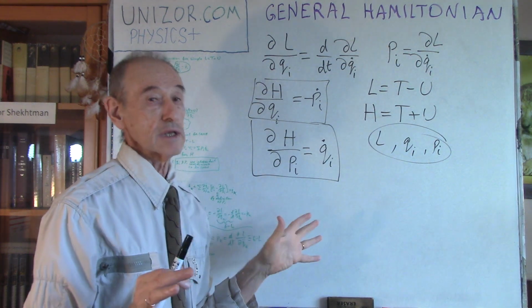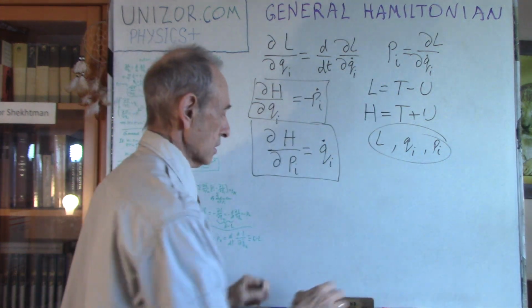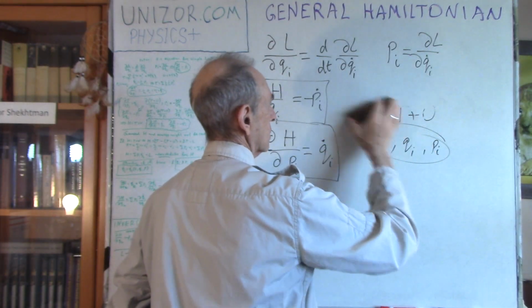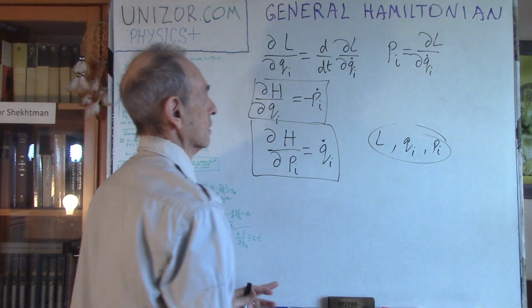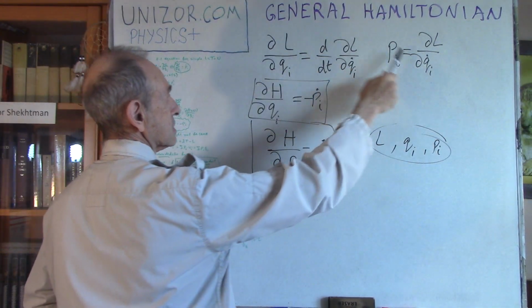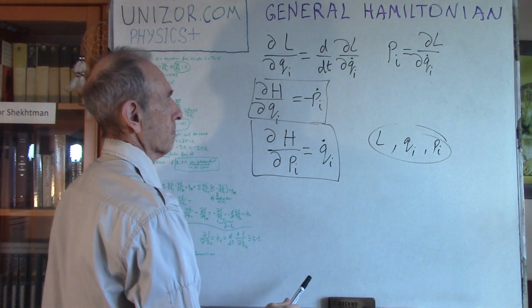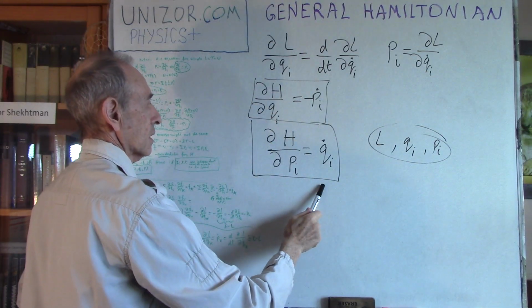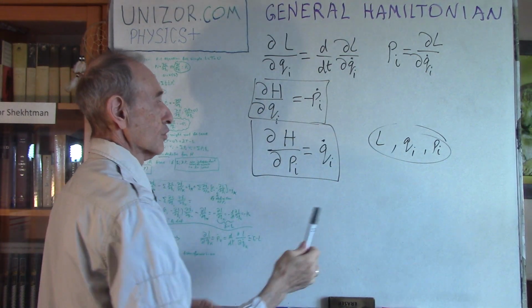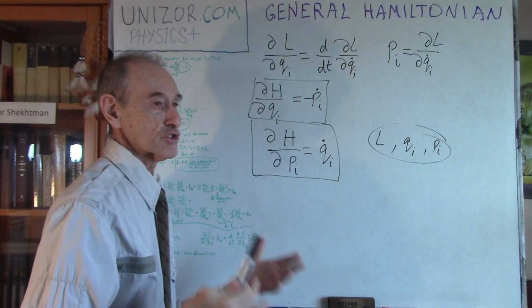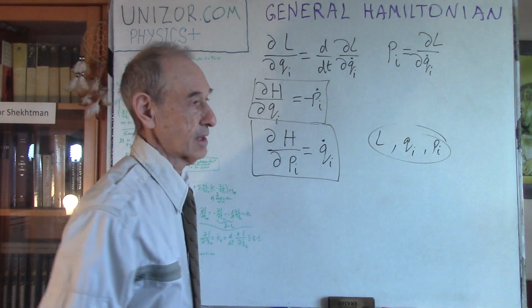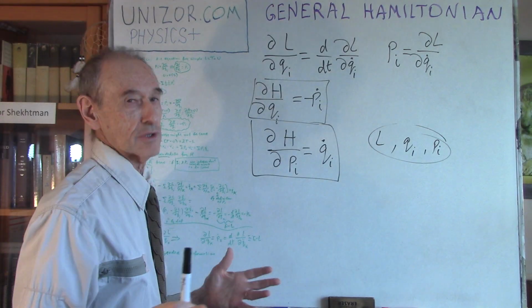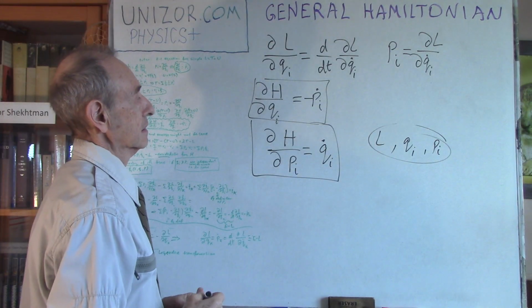I'm not really assuming this. This is not given. What's given is this, and I have to prove that this is true for some function H, which I must guess, if you will. Well, guessing is actually kind of easy, and here is why.